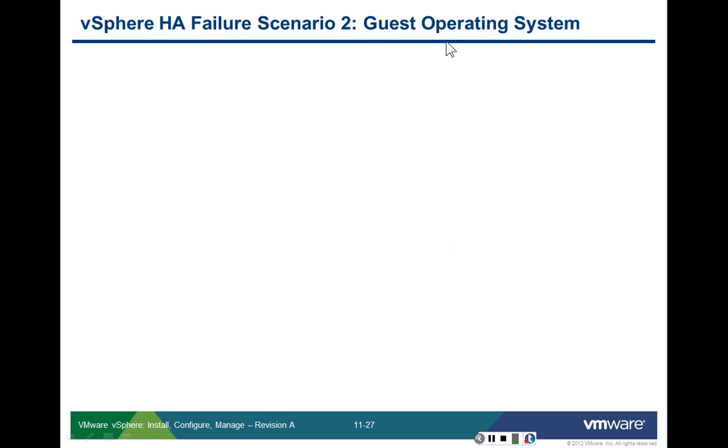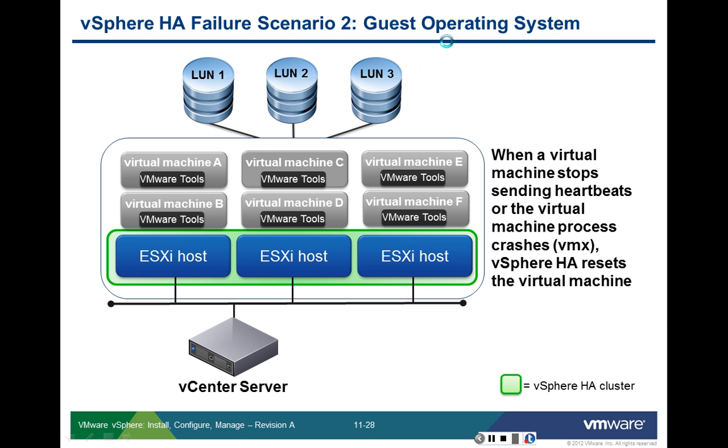The second scenario is a guest operating system crash. So here are 3 ESXi hosts, and in each virtual machine is a guest operating system, and VMware Tools has been installed on that virtual machine, because VMware Tools is what sends the heartbeats between ESXi hosts.